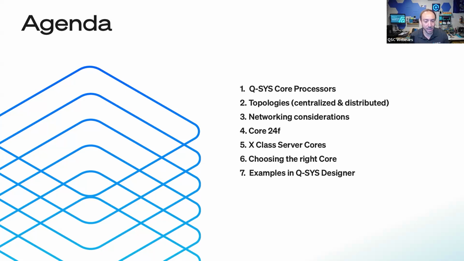Throughout the entire presentation, we're going to be following a decision tree that's going to highlight what key questions we want to ask when we're picking out a Q-SYS core.